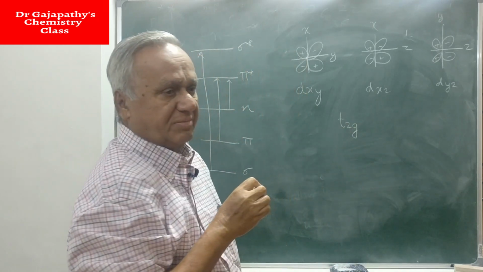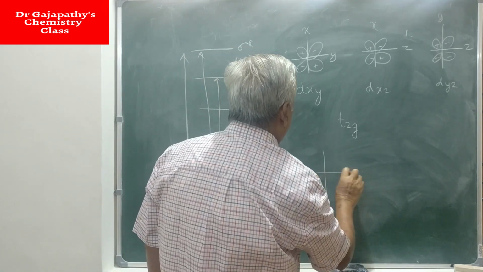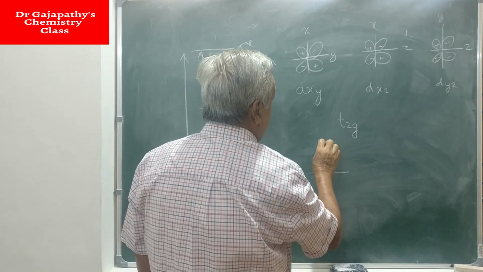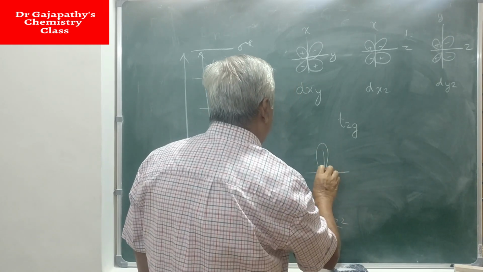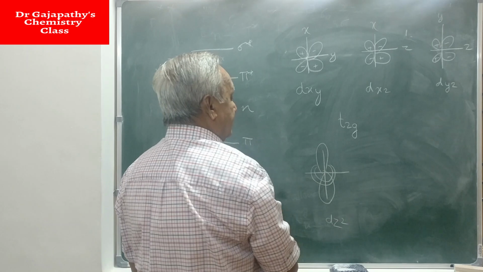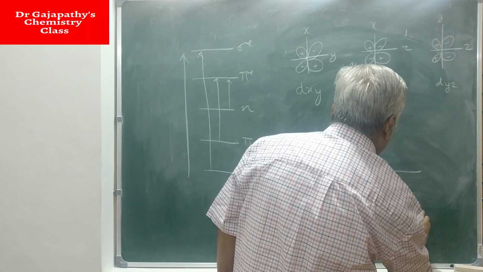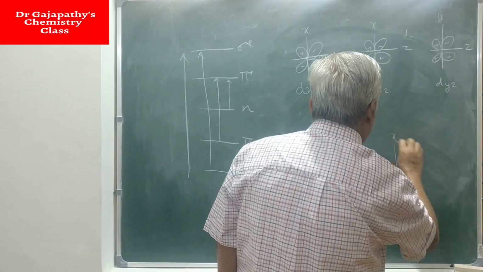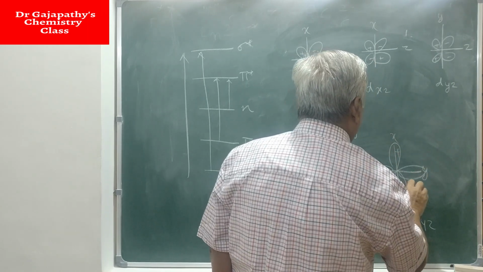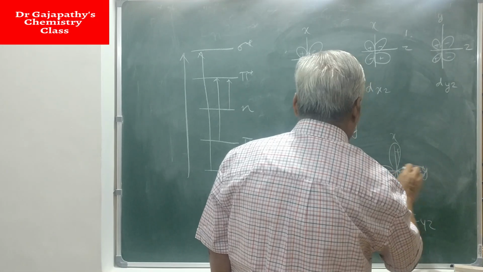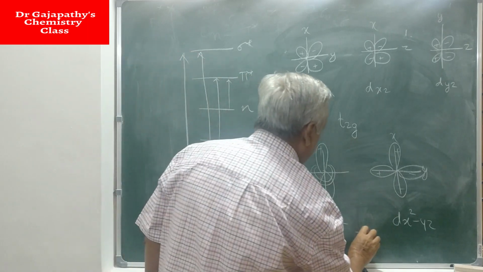Similarly, you have z square orbital and d x square minus y square orbital. We call them eg orbitals.